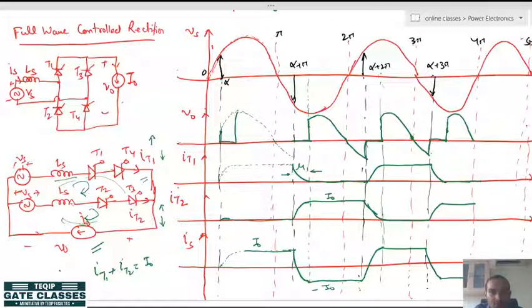Here it is 0, prior to that it must be negative, and then like this, and the IT1 current is increasing, so it must be like this, and prior to that it is 0. IT2 was conducting earlier, and during this duration it will be 0.